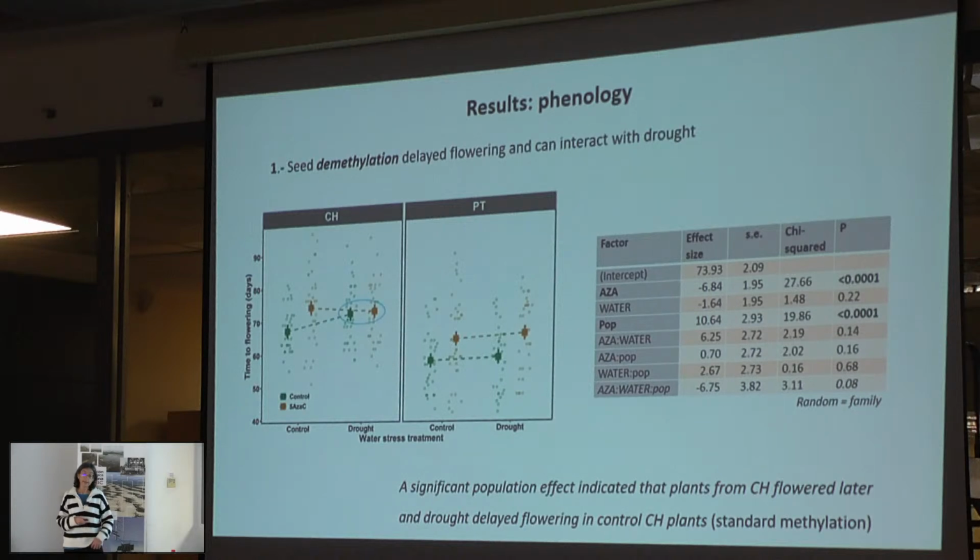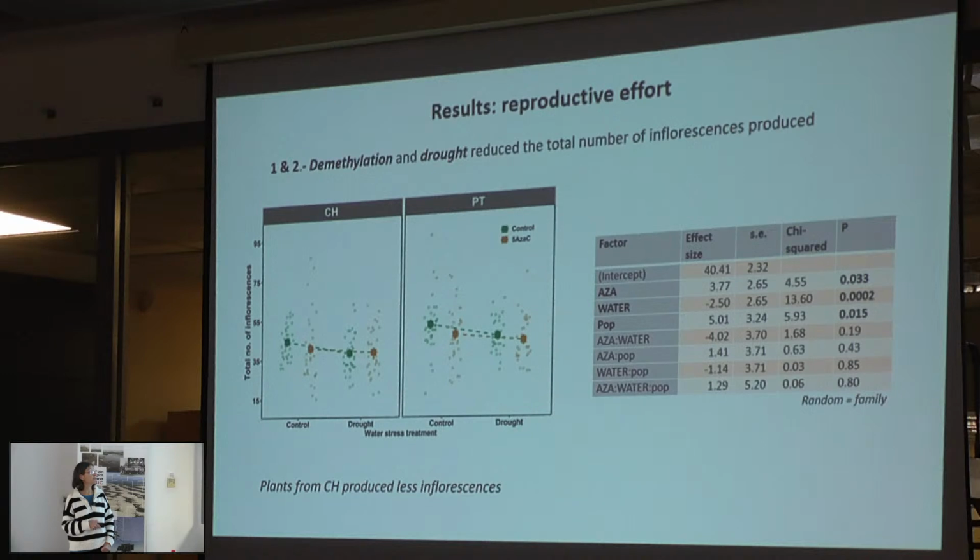Okay, so for phenology, that's what we found. For the reproductive effort, both the demethylation and drought reduce the total number of inflorescences. The total number of inflorescences is a good estimate of fitness because this species is able to self-pollinate, and in the greenhouse most of the flowers produce fruits, and all of them have five seeds.